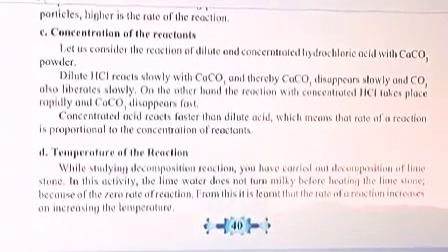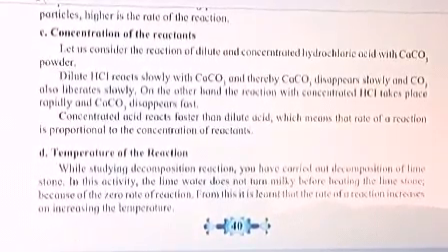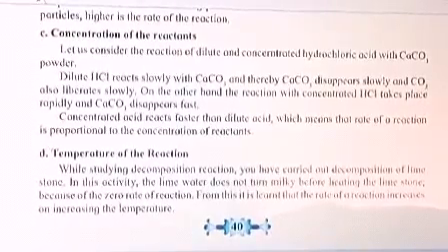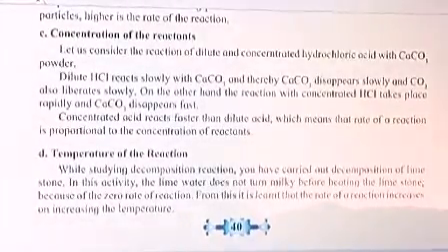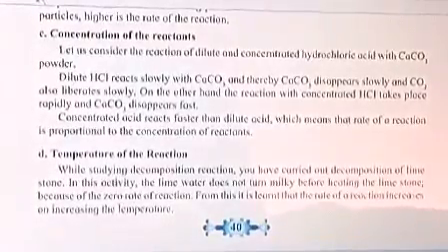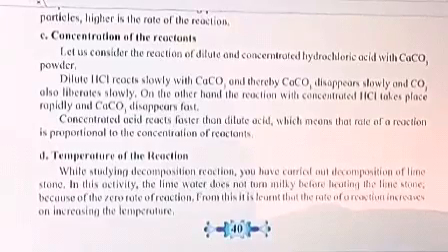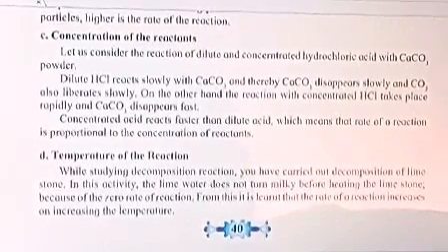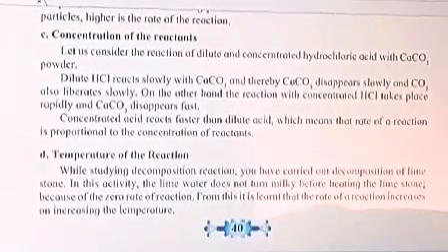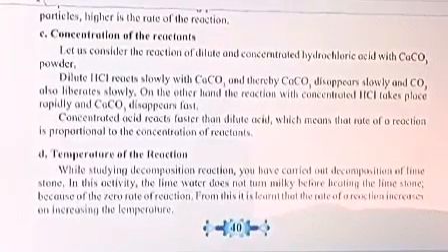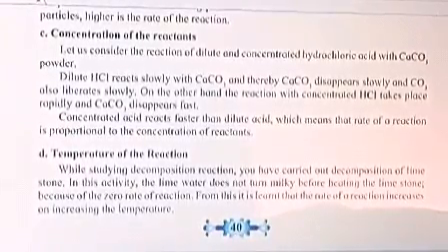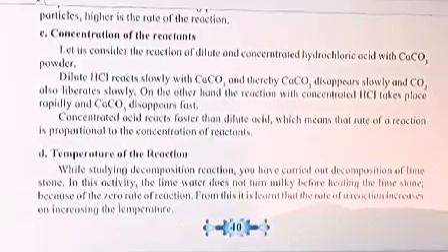In another test tube, add concentrated hydrochloric acid. Now compare the rate of reaction. You will find the test tube in which concentrated hydrochloric acid is added, the rate of reaction is faster.